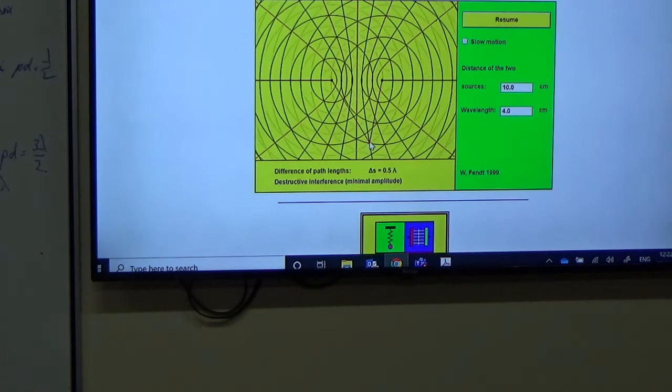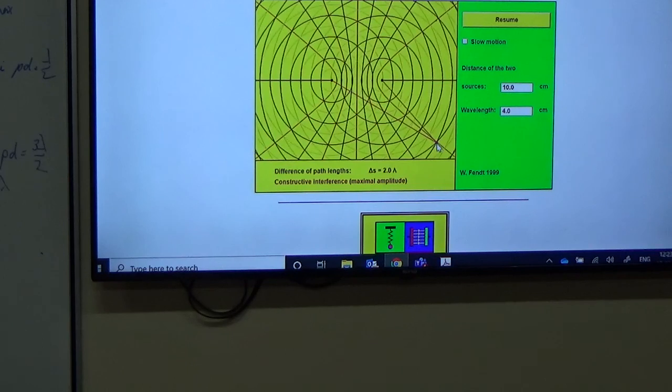Alright, so as I move to here on this red line, at the moment, I know it's an anti-nodal line. It tells me there's one wavelength path difference. Let's count them out. From here we've got 1, 2, 3, 4. From here we've got 1, 2, 3. 1 wavelength path difference.